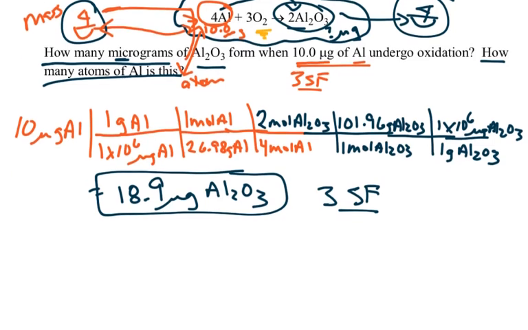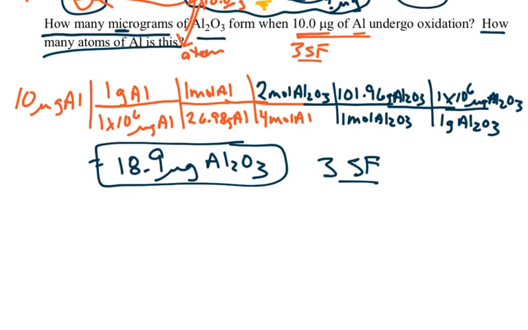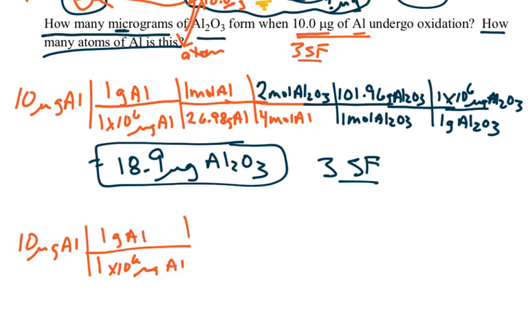There's no boat jumping. Okay, so you start the same, 10 micrograms of aluminum, 1 times 10 to the 6 micrograms of aluminum, 1 gram of aluminum, 26.98 grams of aluminum, 1 mole of aluminum. And now we're going to take a little jump and get on a different boat.